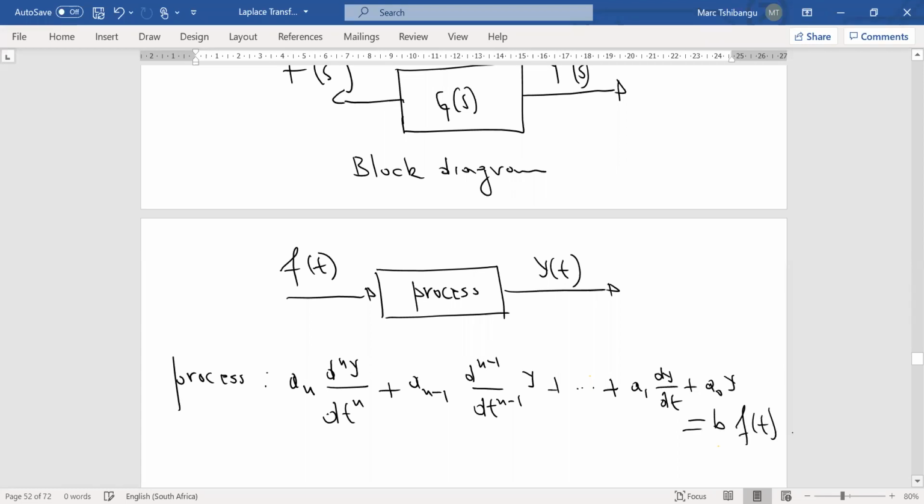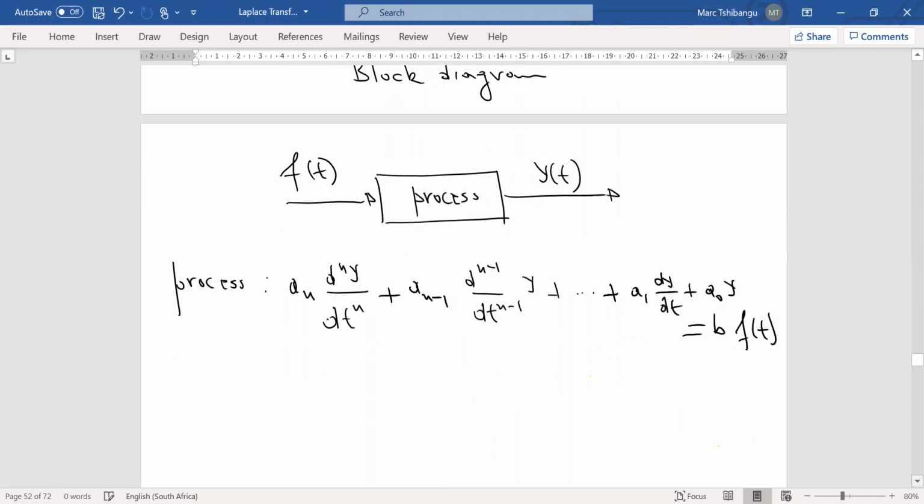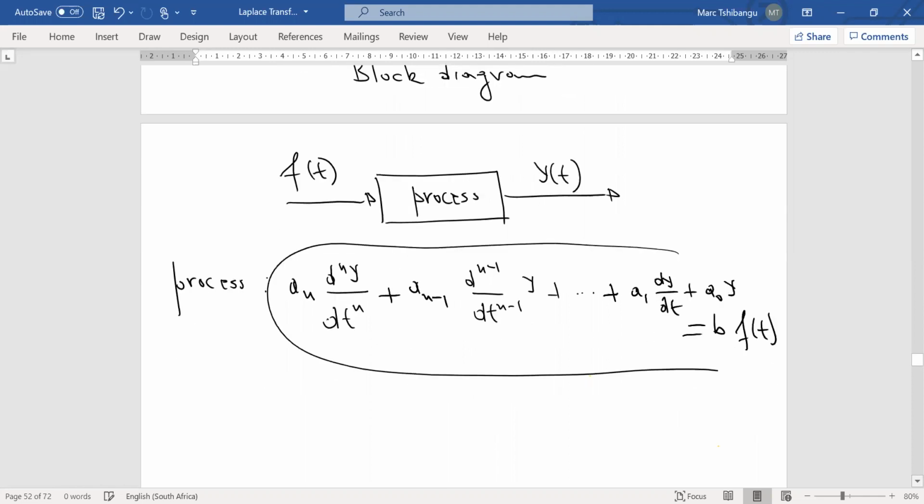Our assumption is that this is a linear differential equation.